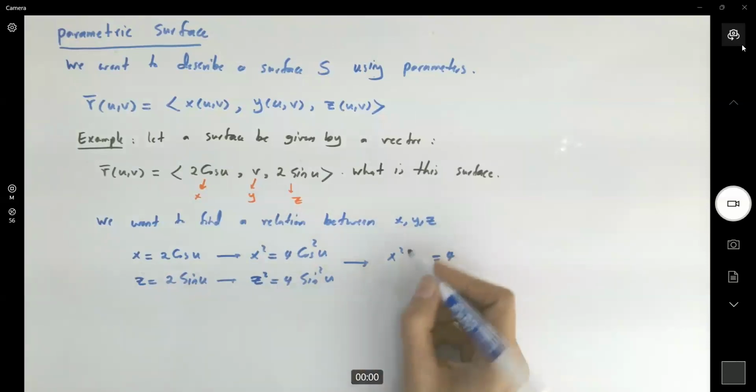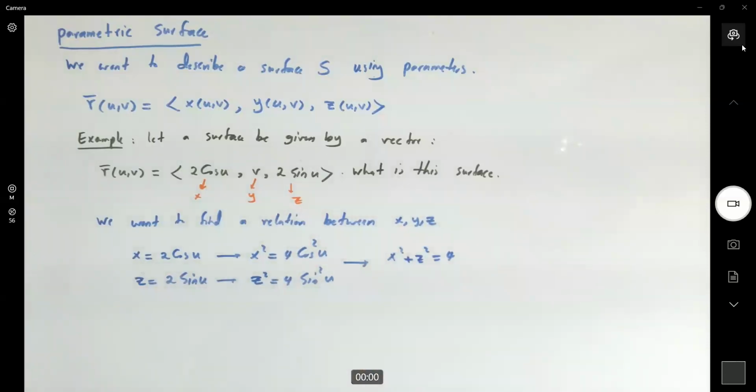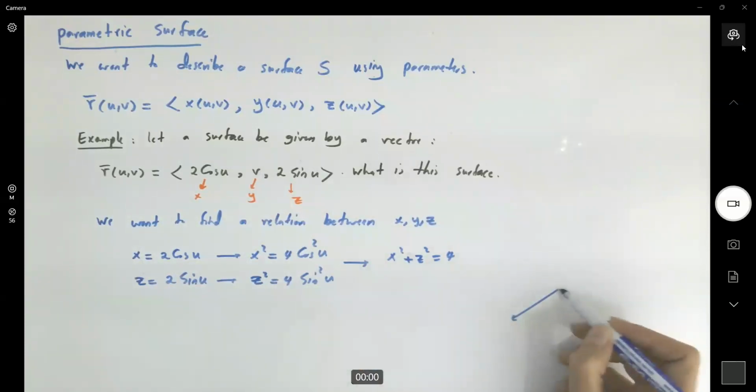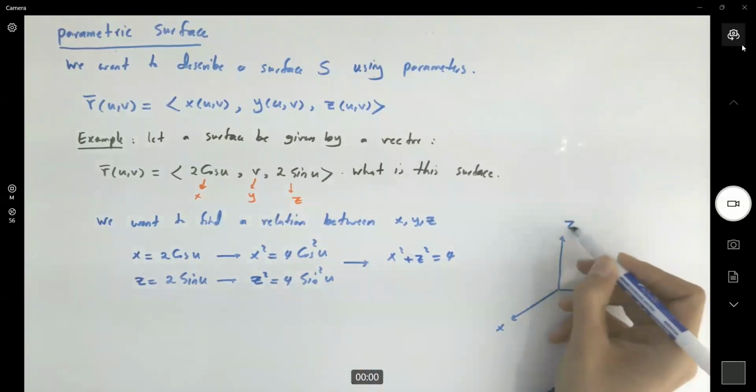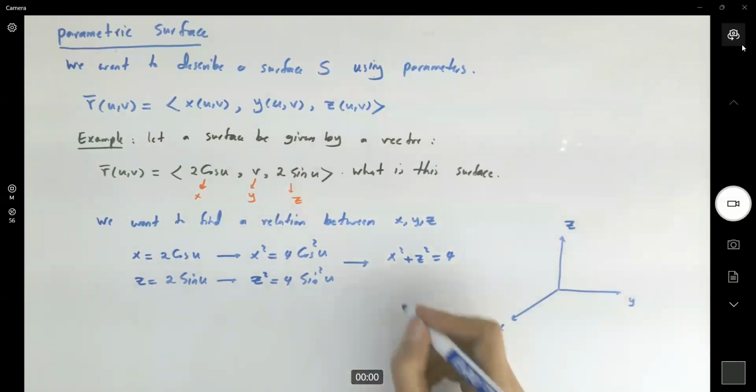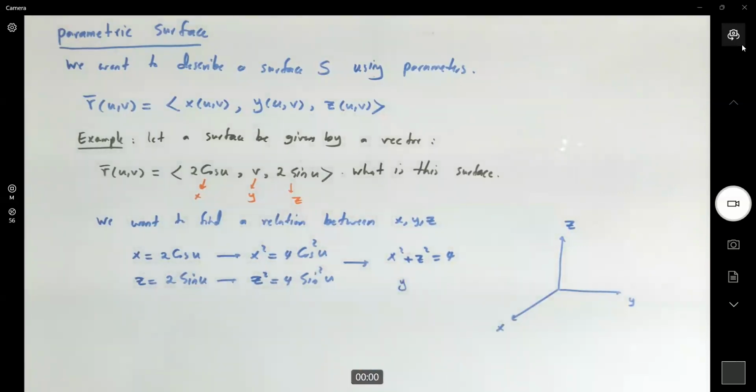Conventionally, we write everything in X and Y. So it says that, in the XZ plane, I have the following, and my Y is equal to V.